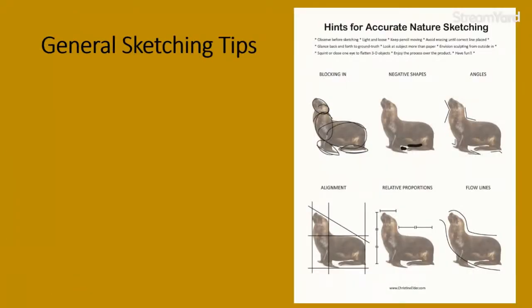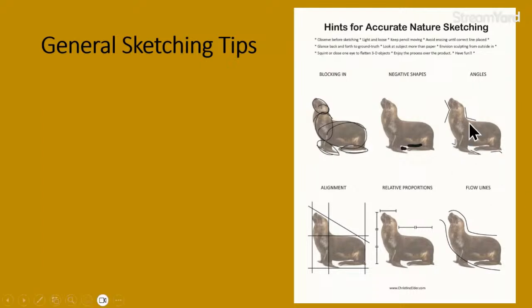Now, first, before we start, I want to give you just a few hints. This is a handout I have for general hints for accurate nature sketching. This one, of course, just shows a simple sea lion. We're not drawing sea lions, of course, but it's all the same idea that when you're drawing, you want to think first about blocking in your general shapes, looking at negative shapes, like these black areas that are not the animal. Those shapes can sometimes help you just as much as the shapes of the animal in drawing.